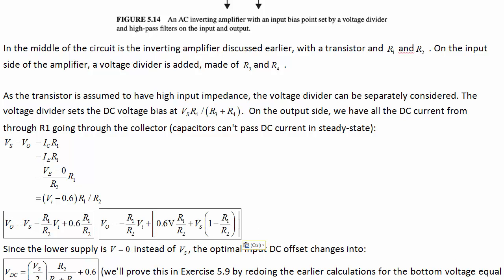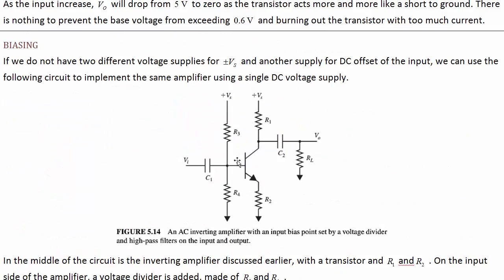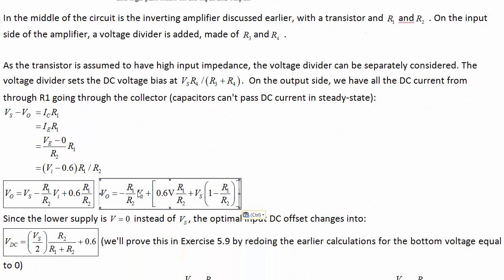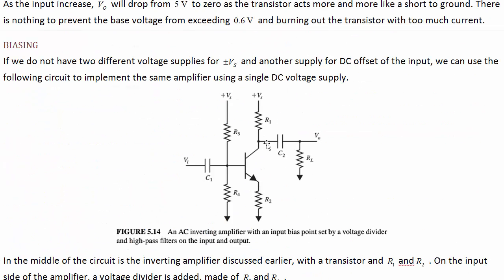Okay, so basically the output is almost the same as before, except we don't get this VS negative R1 over R2 term. So that one's gone. We've got just the top VS part. And we're actually going to lose all of this stuff as soon as we go through the capacitors anyway, so that doesn't really matter all that much. But we still do need to consider what the maximum range of this signal could be to avoid clipping.